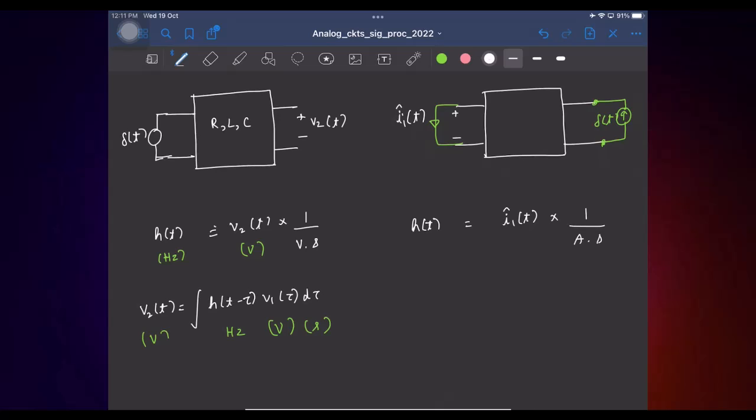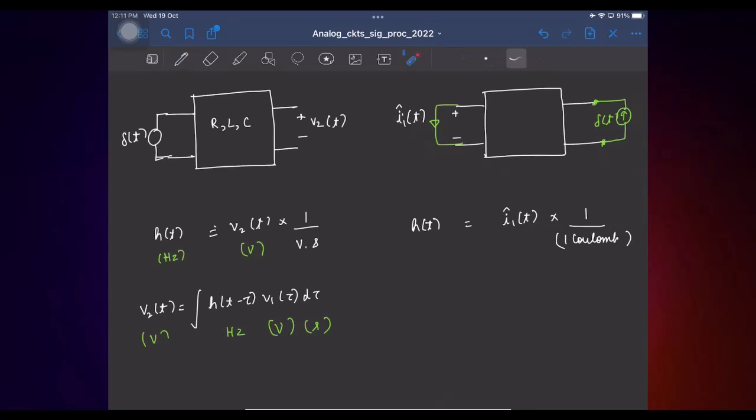Is that fine? And what is an ampere second? It's basically 1 coulomb.